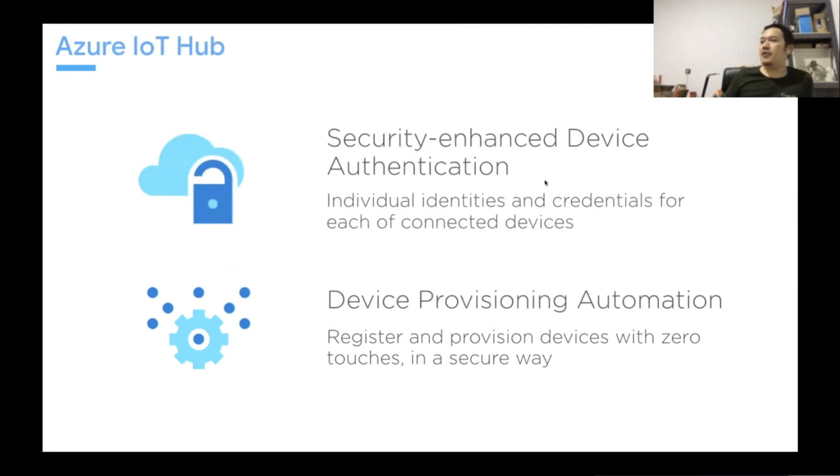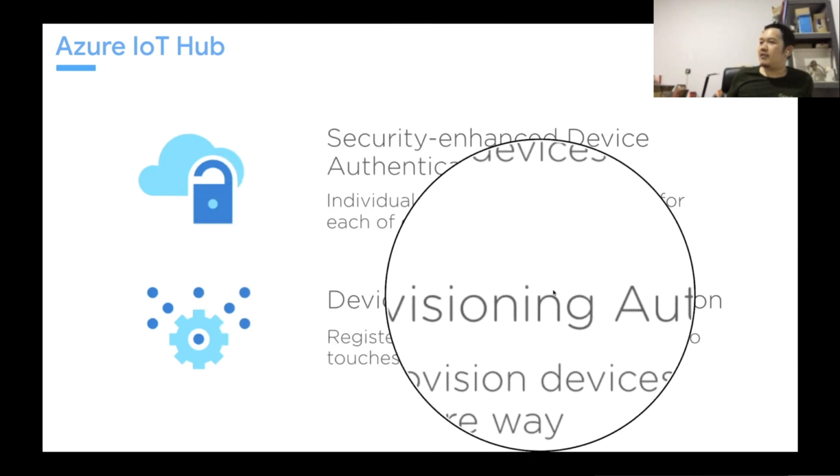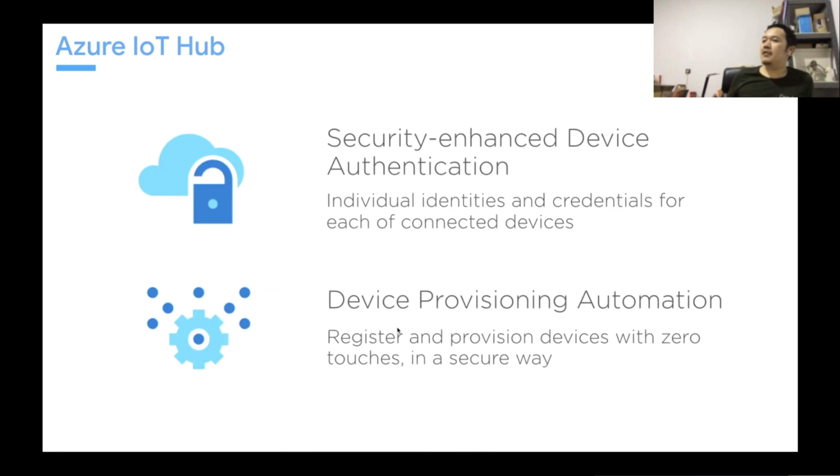Also, for example, if the key for the connection is somehow leaked or gets into the wrong hands, you can revoke the access rights. There's also a device provisioning functionality to onboard the device to Azure IoT Hub, where we can do some kind of automation so that we don't have to do manual provisioning, but it is still secure.